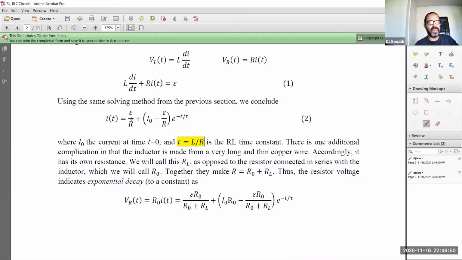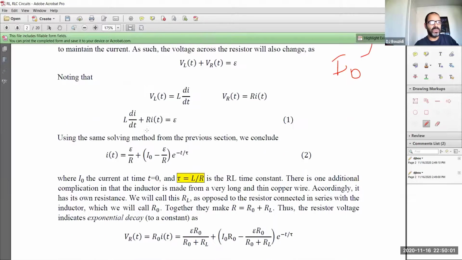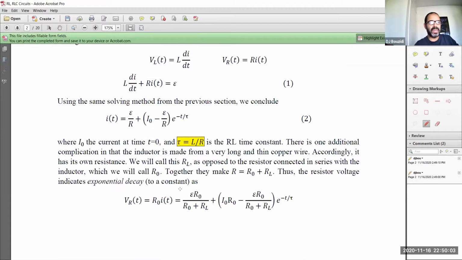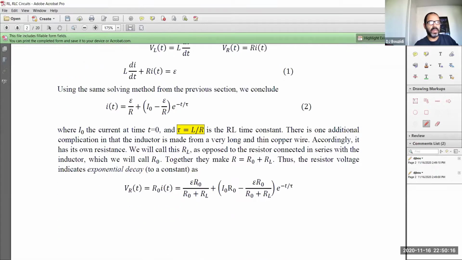So if we replace that R by the R equivalent, this will be the R equivalent, this will be the R equivalent, but this will be the voltage across the pure resistor, in this case, this R. So if that's the case, I have to multiply by it, and then the expression will look slightly different. This is because in practicality, if we do this lab in the classroom, we will not get this result. This is not what we will get, because an inductor by itself has its own resistance. So this is closer to the answer.